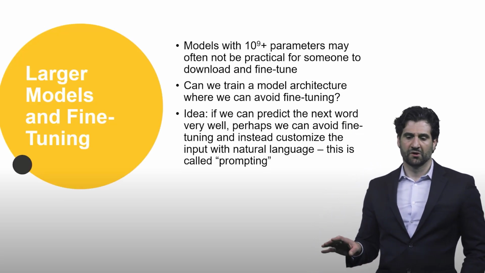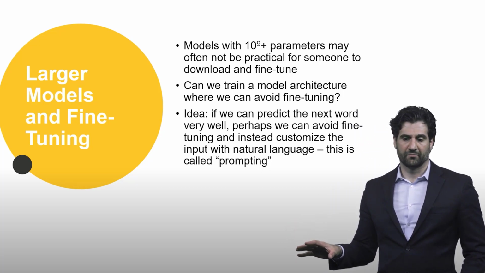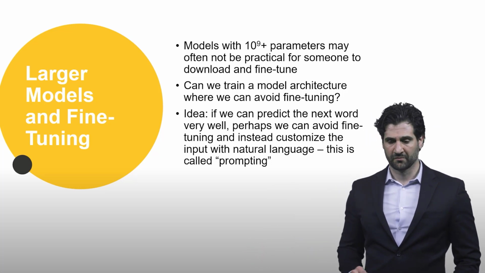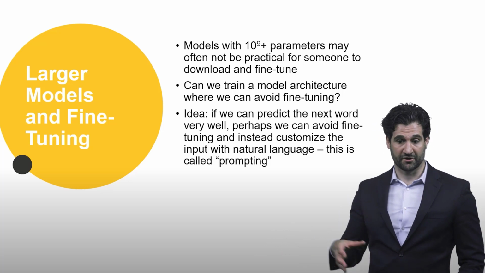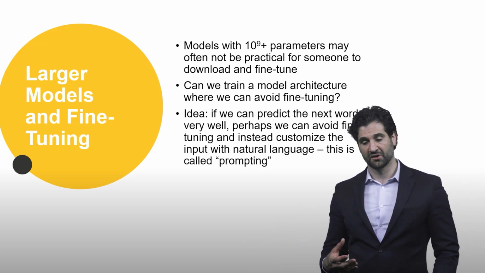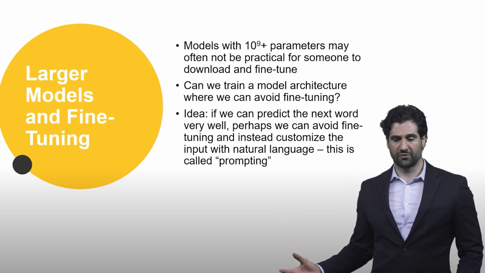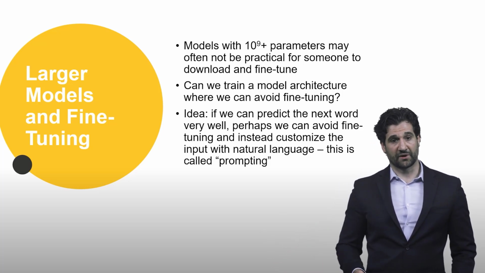And so if we have a very large model, and we're talking models with billions of parameters now, and we train it on a task where it can predict future words in a sentence or a conversation, can we use this in other things and avoid this fine-tuning process? And the answer is we can. We do it with what's called prompting.